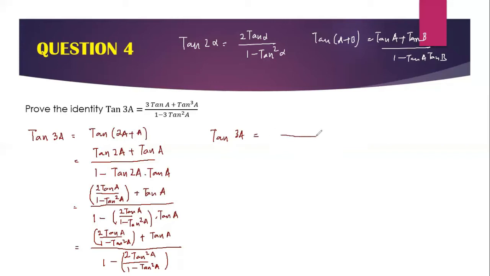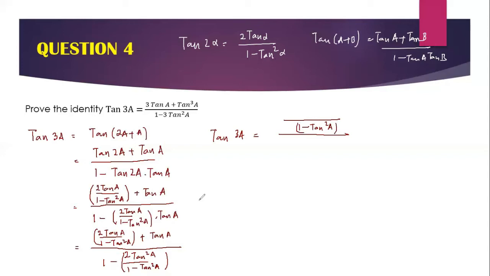Yeah, we have to simplify the fraction. You have to simplify this one, and then you have to simplify this one again. Now we have two simplifications, right? For the upside, the LCM is 1 minus tangent square A, right?